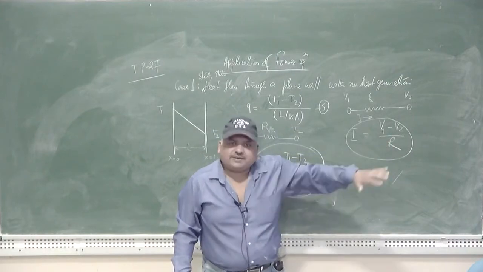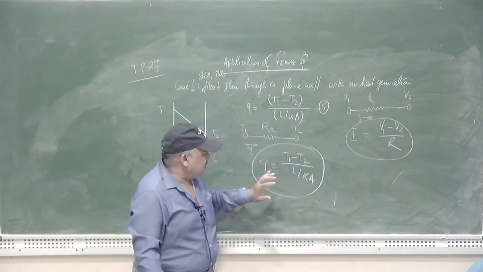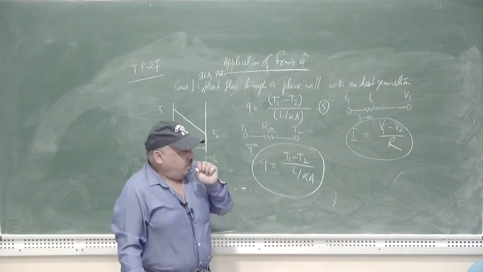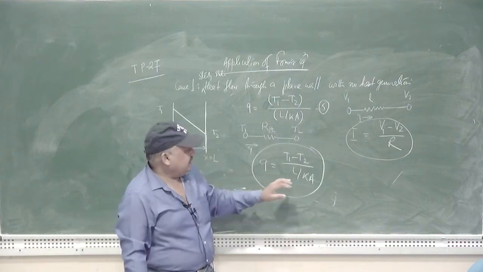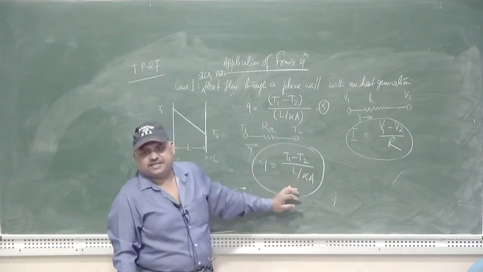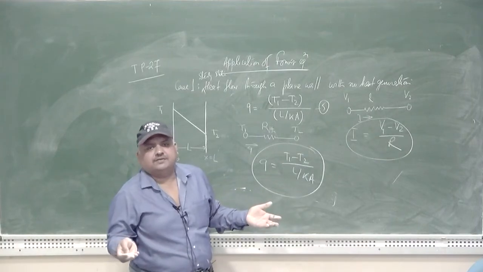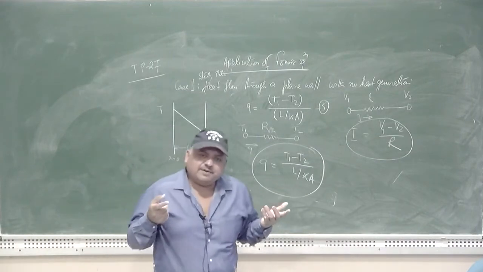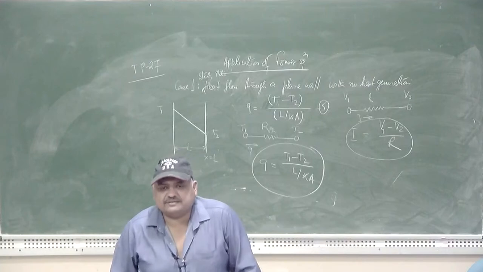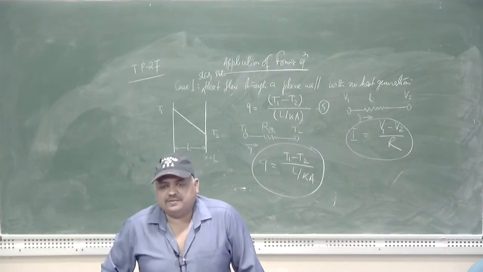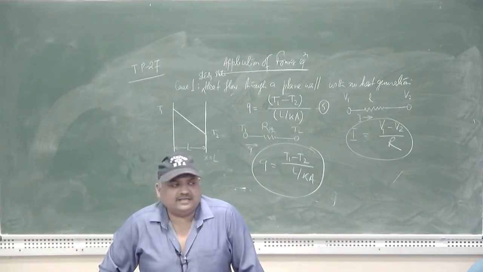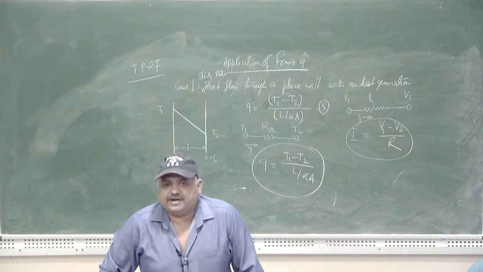It has to face some resistance. So in the case of the heat flow, it has to pass through a thermal resistance L upon K, that may be due to the refractory lining in the furnace, that may be due to the composite lining in the furnace, where more than one refractory lining is there in the case of many industrial furnaces.